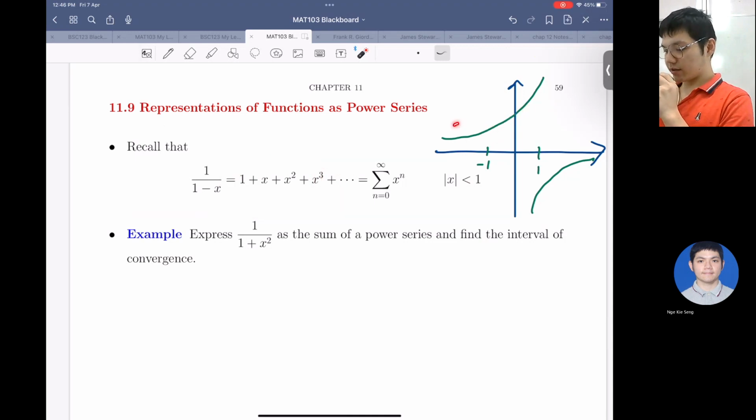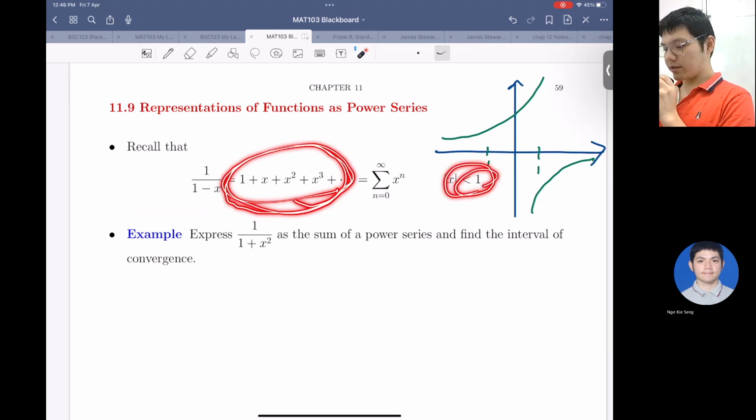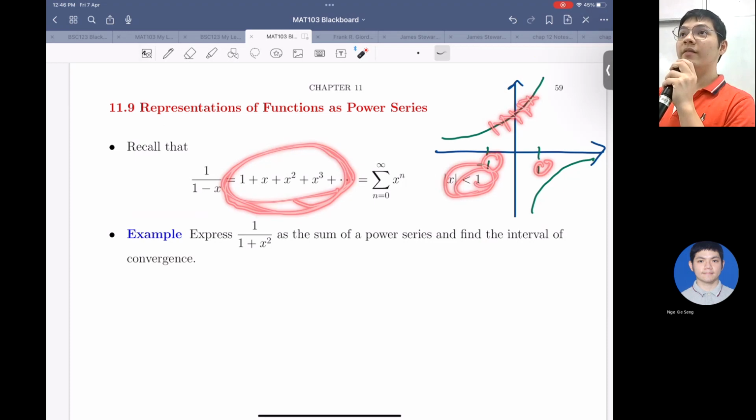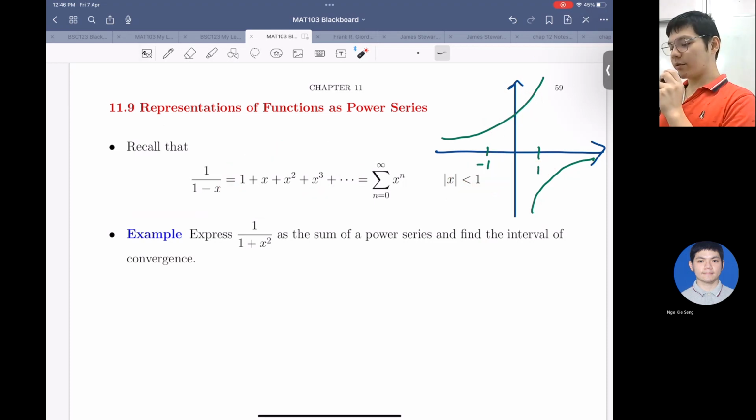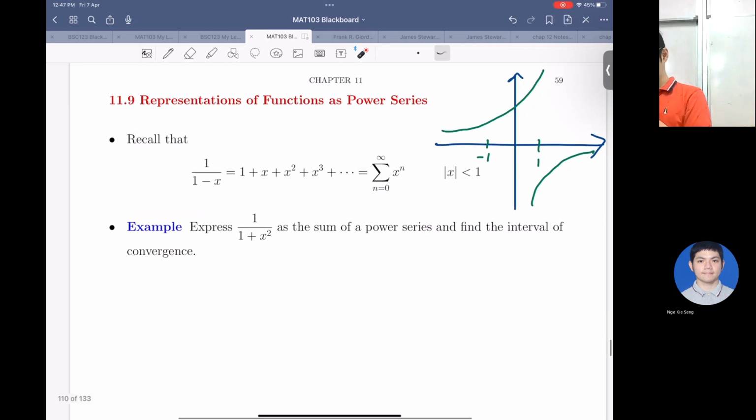So you can make 1 and then x and then x squared and then x cubed, and so on, to approximate the graph. Did I draw the wrong graph? I feel like I drew the wrong graph. But anyway, the point is you can add up this graph at this point to approximate all the points here in between minus 1 and 1. Okay. So later we will make this notion precise again.